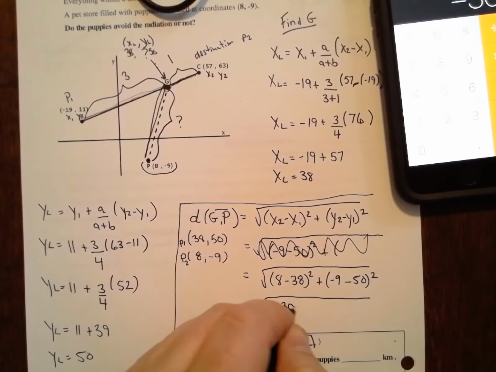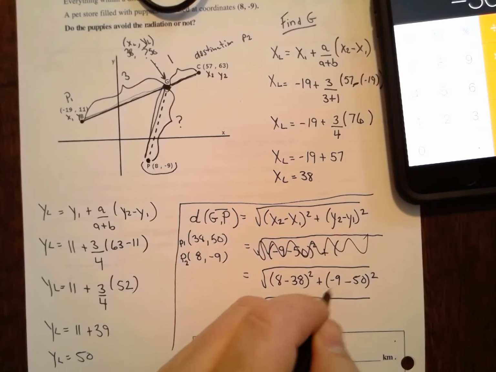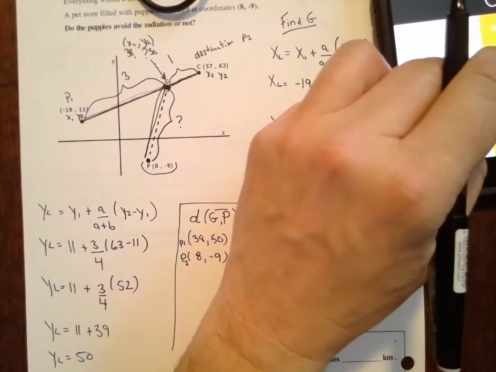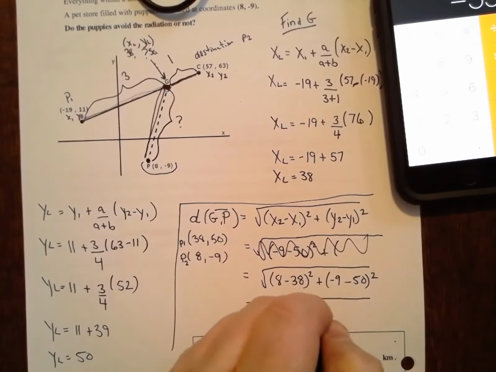And this is really important, guys, especially if you're working with a regular calculator. You need to put that negative 30 inside brackets. I'll show you why after. Plus negative 9 minus 50 is negative 59.